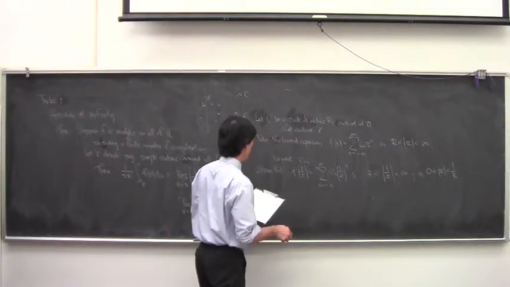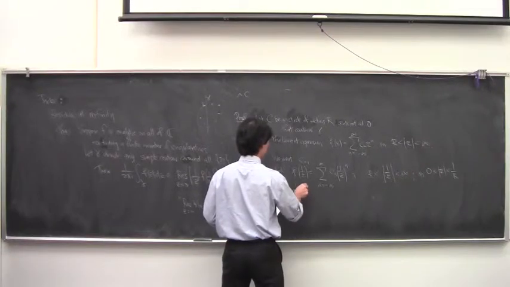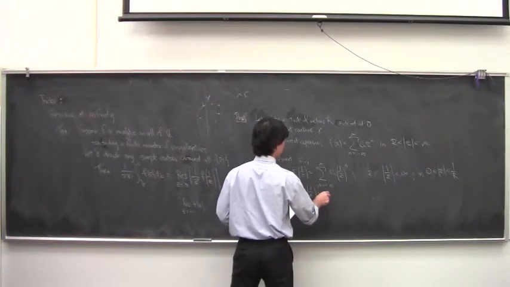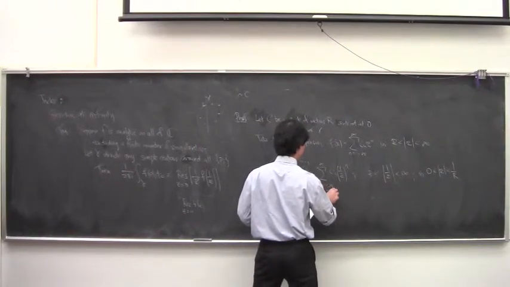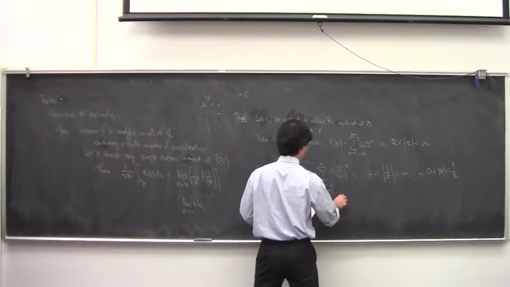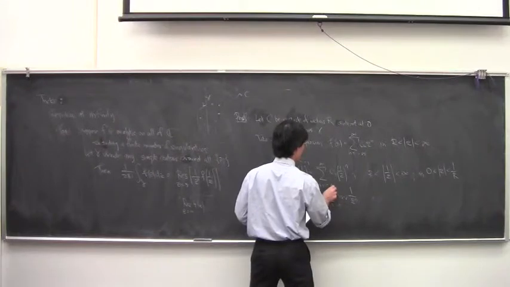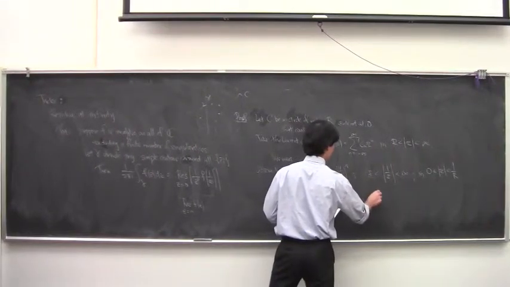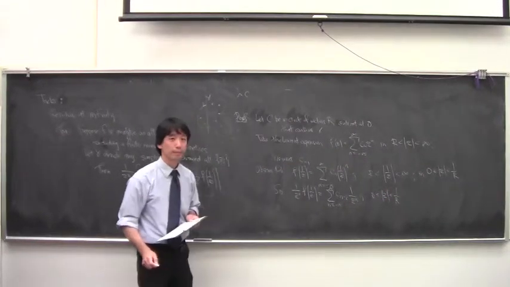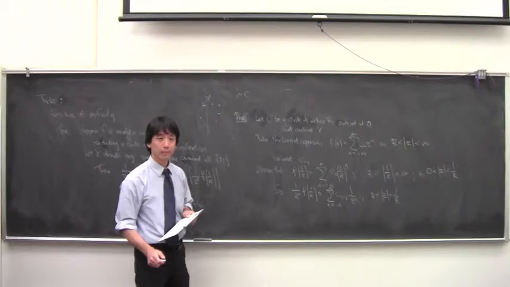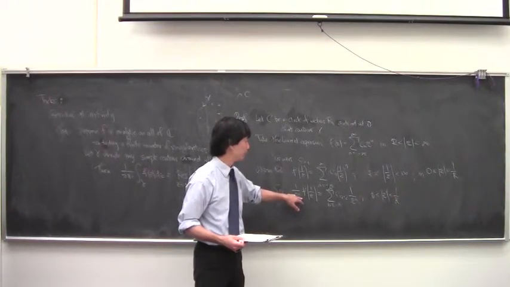And then you notice that 1 over z squared times f of 1 over z is going to be the sum of c sub n minus 2 times 1 over z to the n, from negative infinity to positive infinity, because I'm shifting the index by 2 by multiplying by this.